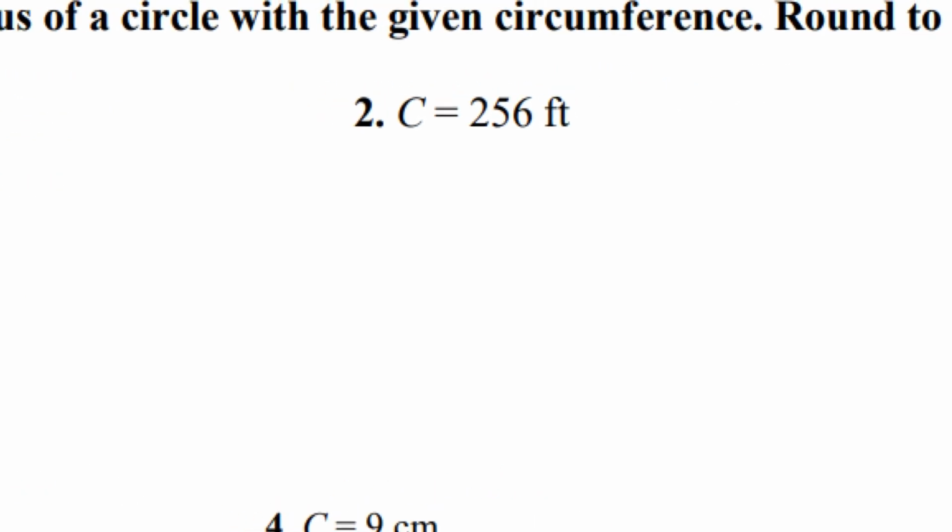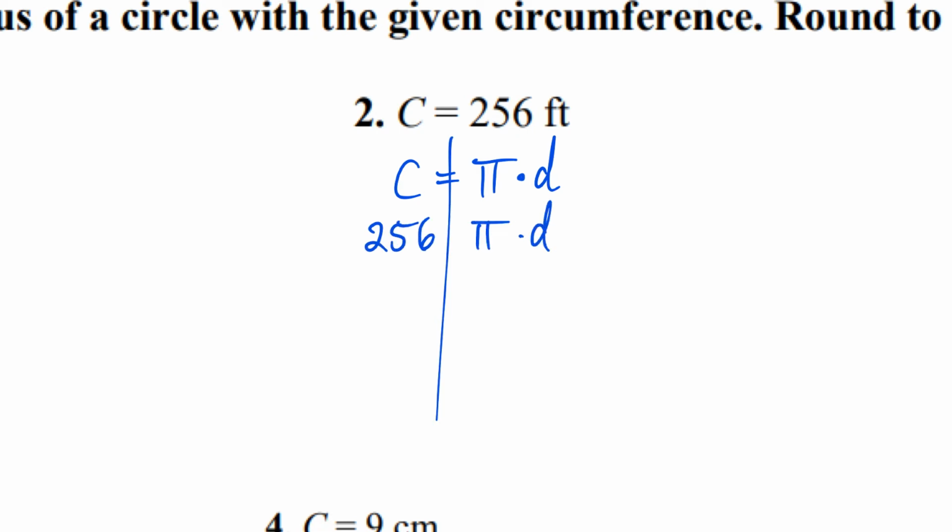Okay, second one. So circumference equals pi times the diameter. 256 equals pi d. Divide by pi on both sides. That way these pi's cancel. Diameter equals 81.49.